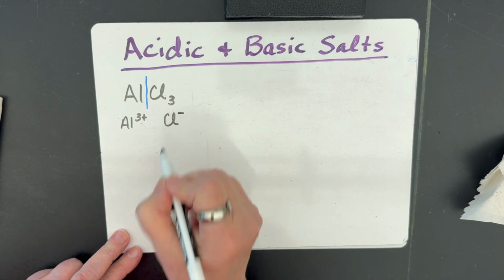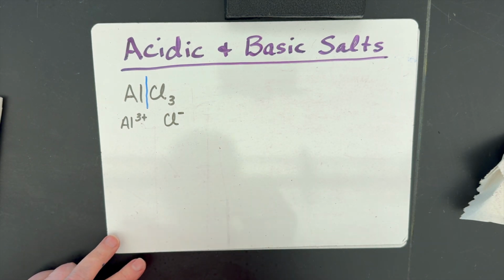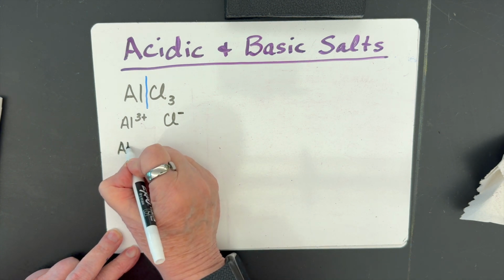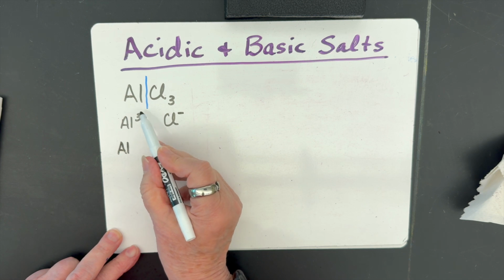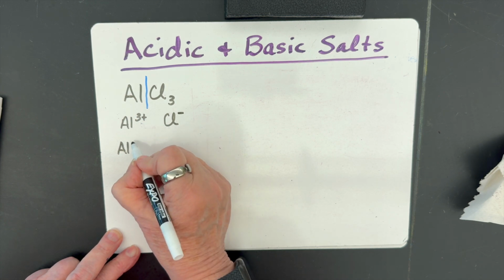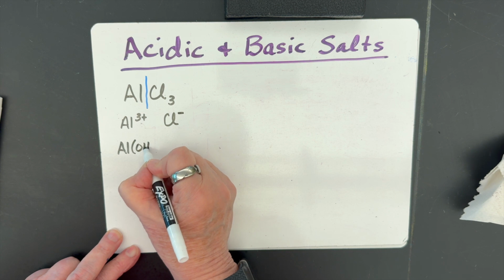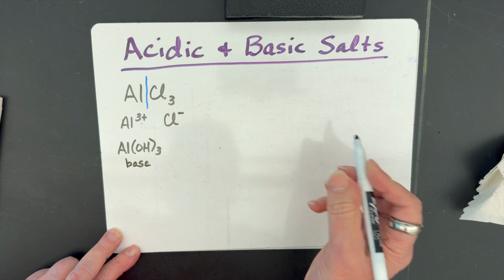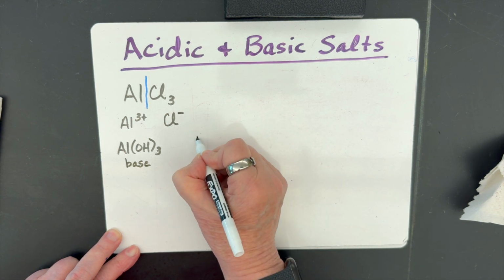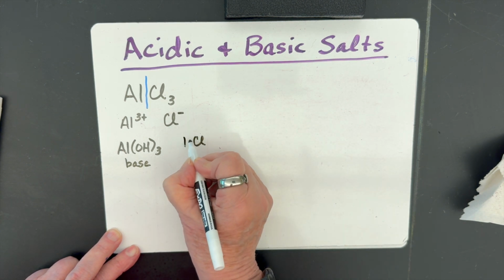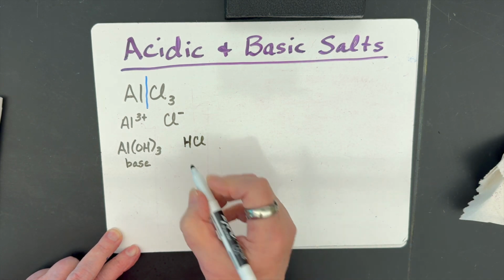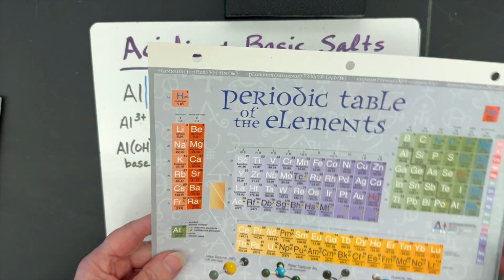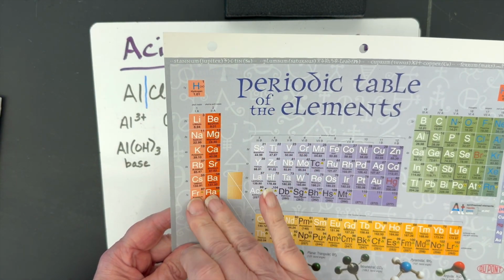To make these into their acids and bases, remember the front one becomes a base, so it's going to be Al and then we're going to put 3 OHs, because each OH is a -1. We need 3 of them to balance our +3. So that's going to be our base. Cl is -1, so we need 1 hydrogen on it, and this is going to be our acid. Strong bases, the metal comes from the first two columns.